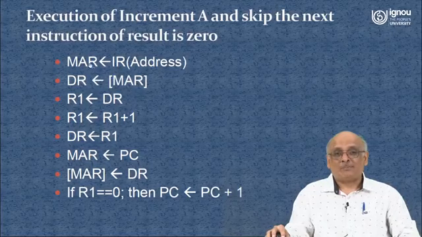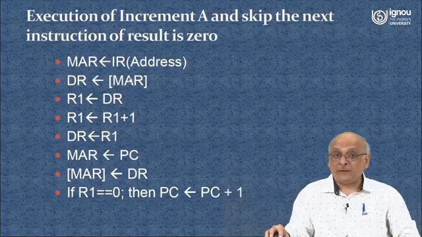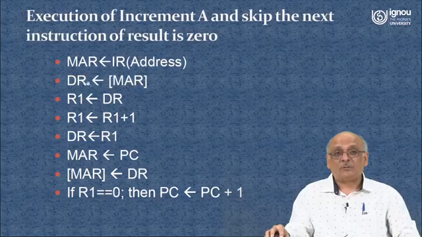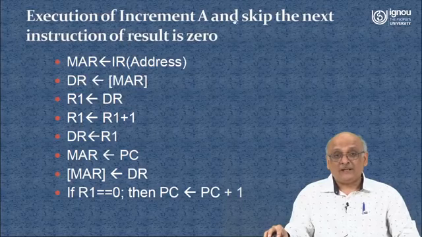You give that address to MAR and issue the memory read operation. The control unit will do that, but the micro operation is the reading micro operation. Whatever is in the memory location, that was the operand location, is going to be brought into the DR register.